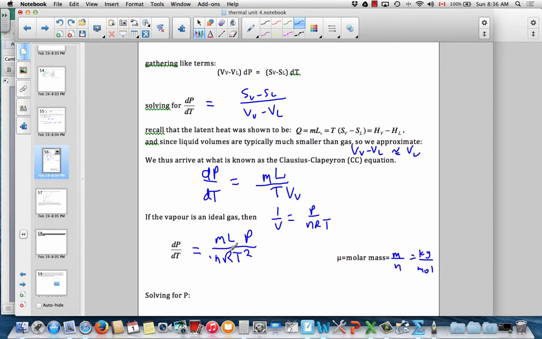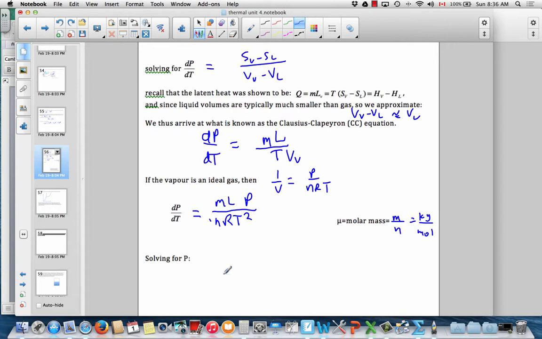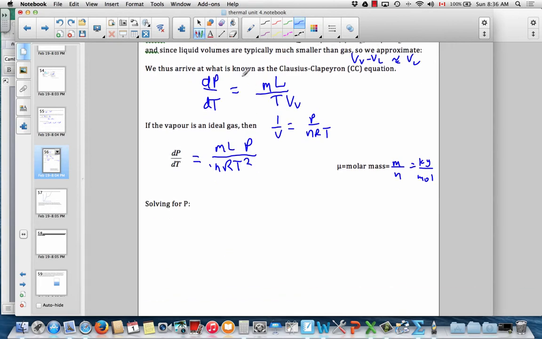And then we're going to solve for the pressure. So the way we solve for the pressure is by separating the variables. So we get dP over P. So m over n is mu. Then we have L over R. And then we've got dT over T squared. So now we're going to integrate that.